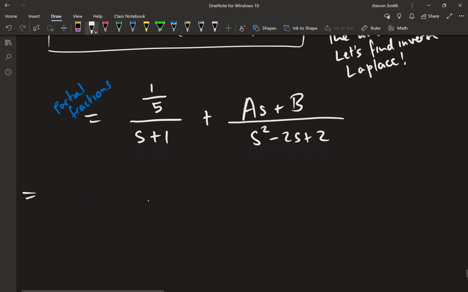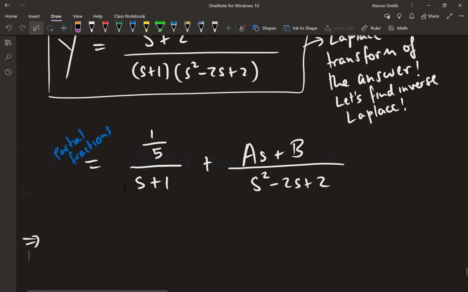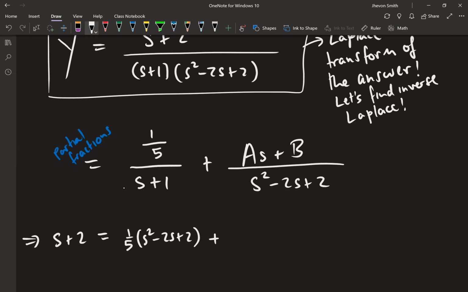So this means that if I multiply both sides by the denominator, s plus 2 is equal to 1/5 times s squared minus 2s plus 2, plus as plus b times s plus 1.